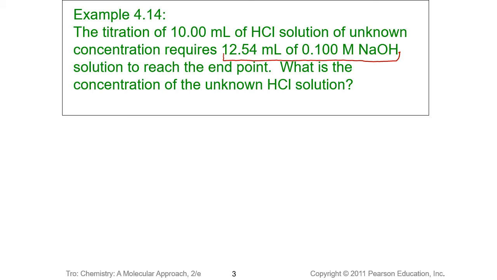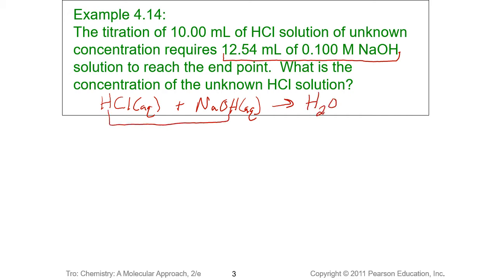So we have HCl plus sodium hydroxide. To predict our products, we take the cation of one and combine it with the anion of the other. H plus and OH minus gives us water.